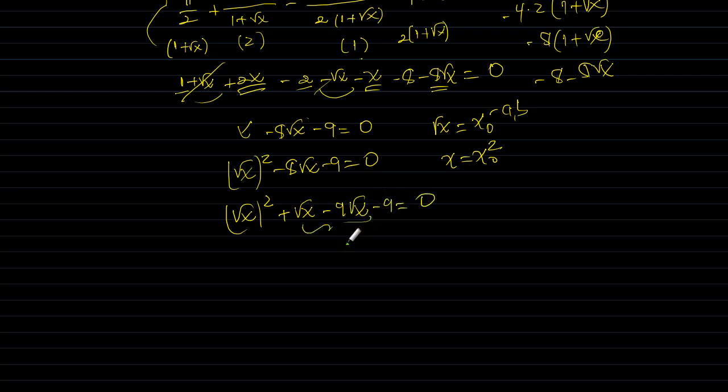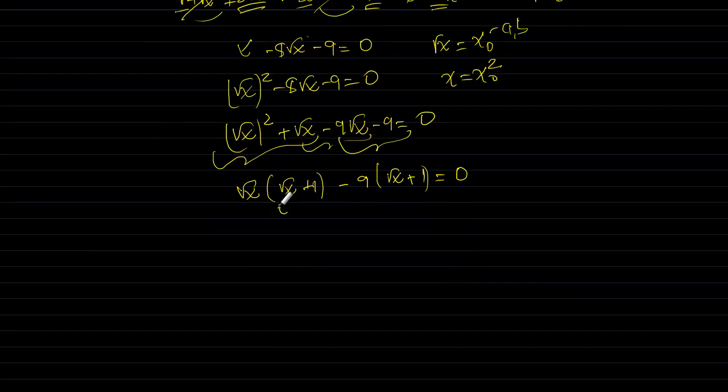These two give you minus 8 square root of x. Now you factorize these two and these two. Here the common term is square root of x, you leave 1 here, minus, factorize 9, square root of x plus 1, and this is equal to 0.